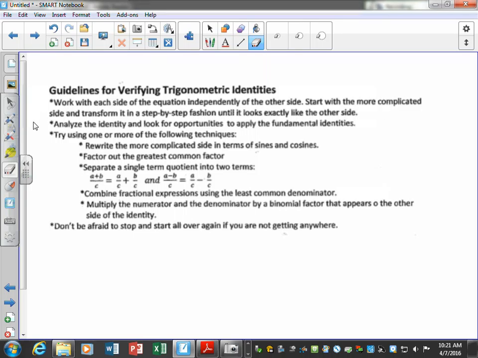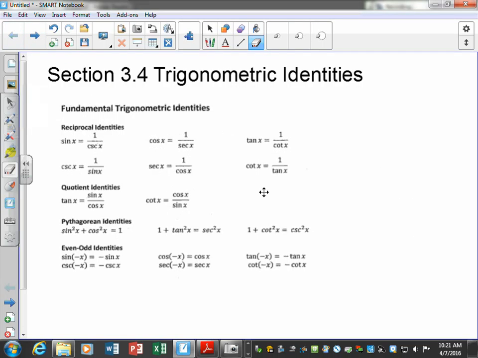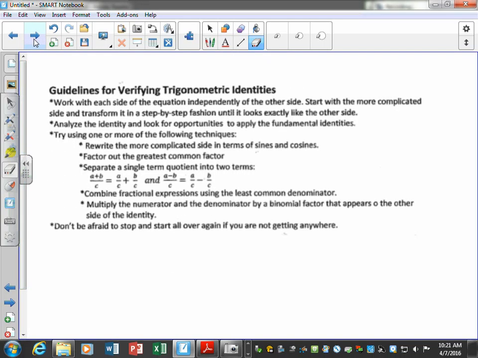Another thing, we look for opportunities to apply the fundamental identities, which, recall, are our fundamental identities here. Try one or more of the following techniques. There are different techniques for these, and sometimes it's a matter of trial and error. The more you do these, the better you are at determining the best method or tactic for making this work. So rewrite the more complicated side in terms of sines and cosines.